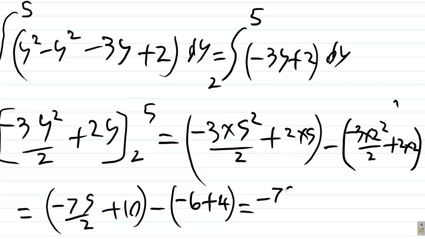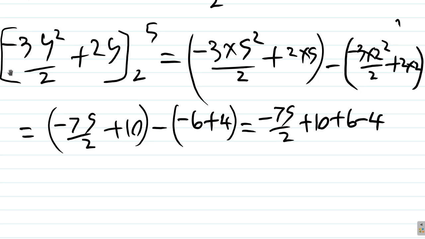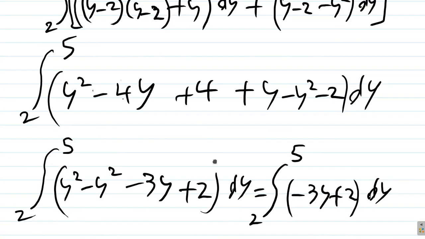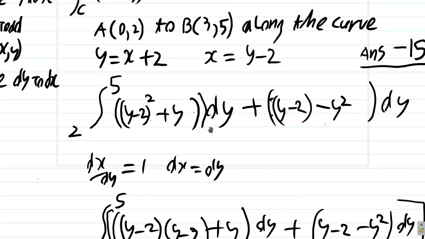So we have negative 75 over 2 plus 10 plus 6 minus 4. Alright. Well, the negative 75 over 2 is going to be a fraction. So it wouldn't give us the same thing here.